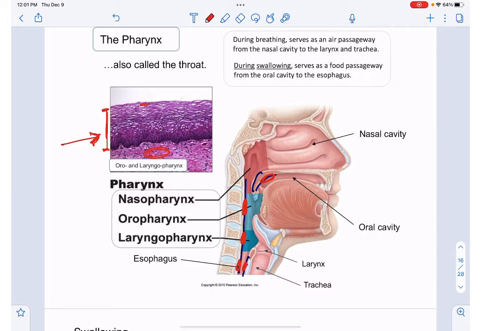And then what's the cell shape up here in the most superficial region? That's squamous. So this is stratified squamous epithelium.